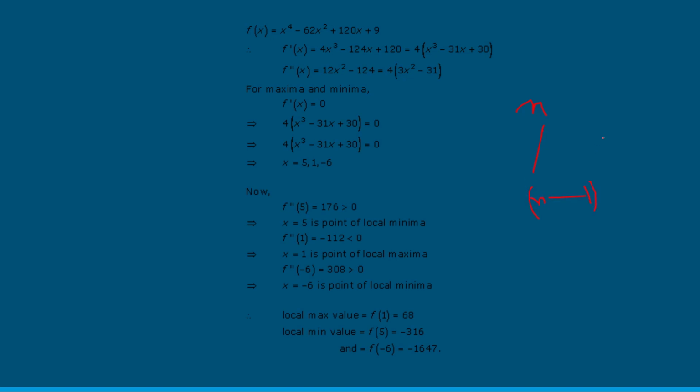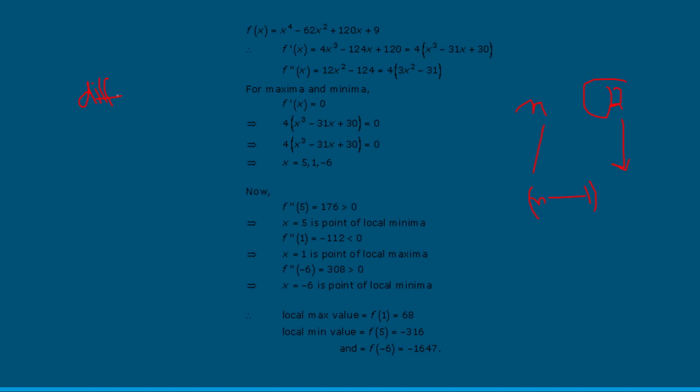Suppose I consider a quadratic equation. To find the maximum value or minimum value, we should differentiate that particular equation, right? After performing the differentiation, we equate it to 0.